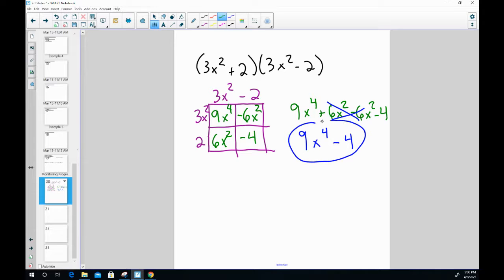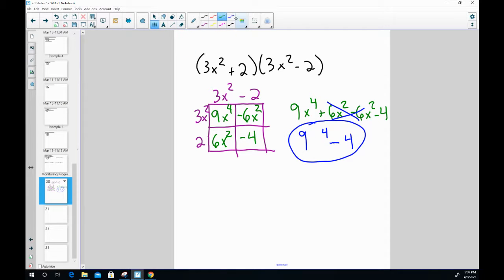Not really anything special, but our answer is called a difference of squares. We'll talk a little bit more about that at some point, I'm sure. It basically just means that down the road, when we talk about factoring, you're going to need to know that this is a difference of squares right here in blue.